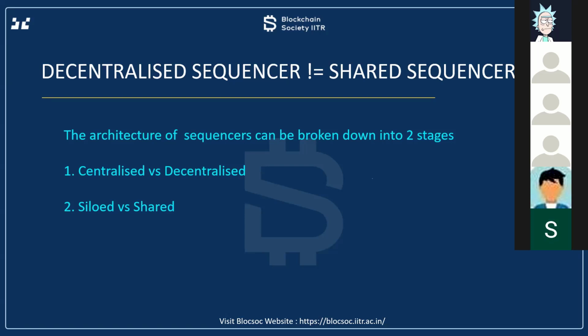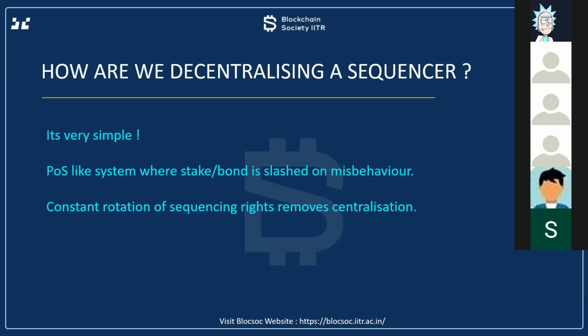One of the sequencers from any of the chains can be selected, and it will sequence for all the rollups or L2s that are giving transactions to their own mempool. That sequencer will be getting transactions from all the mempools of all the rollups or L2s, and then will be batching them and giving them to the L1 chain.